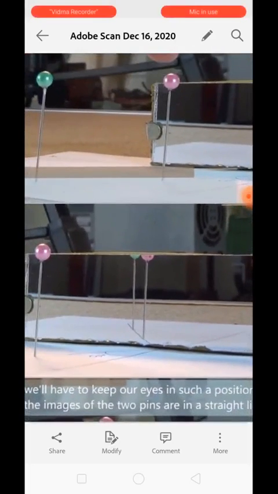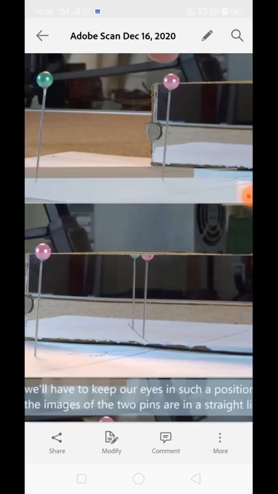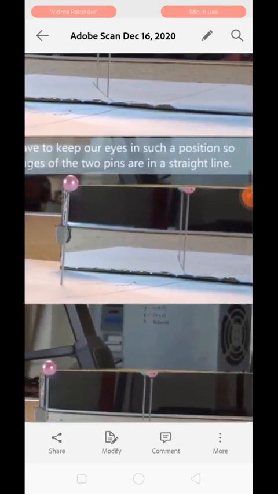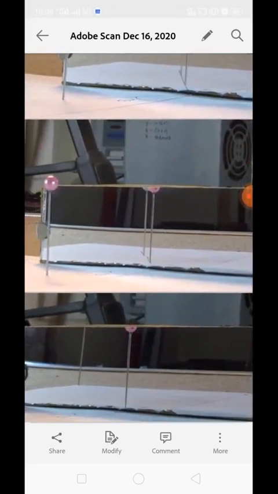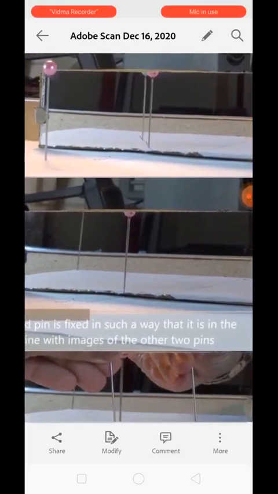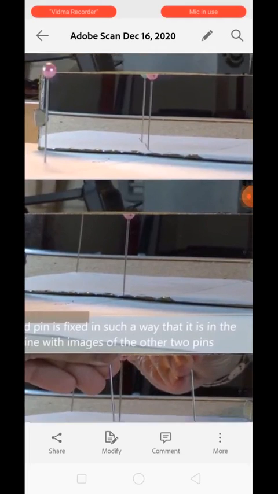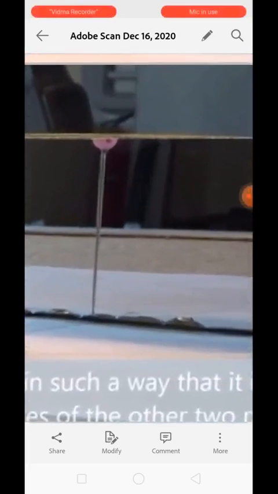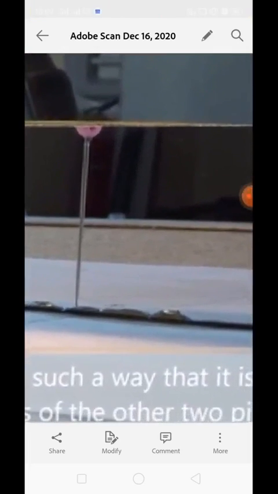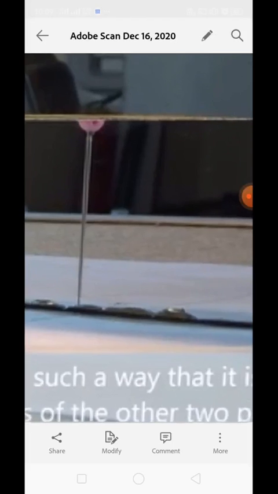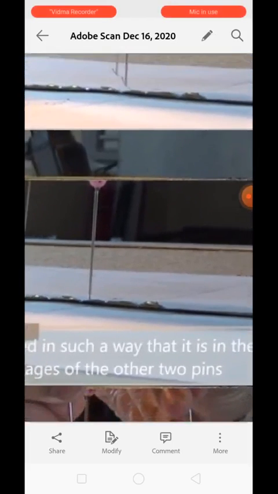They appear to be in two lines, but when we move the camera a little bit, they get closer and closer, and now both reflections can be seen in one line. Their images are overlapping each other. You cannot see the second pin because of the presence of the first pin.